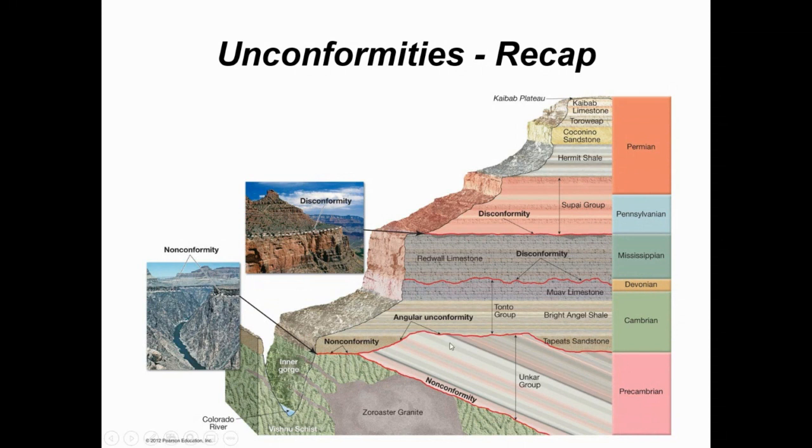But anyways, you get the tilting, the erosion, then you get the deposition of these new sedimentary strata on top. Then you've got a disconformity up here. That's just an erosional surface between the two different sedimentary beds. So just an interesting way to classify erosional surfaces in terms of sedimentary rocks.